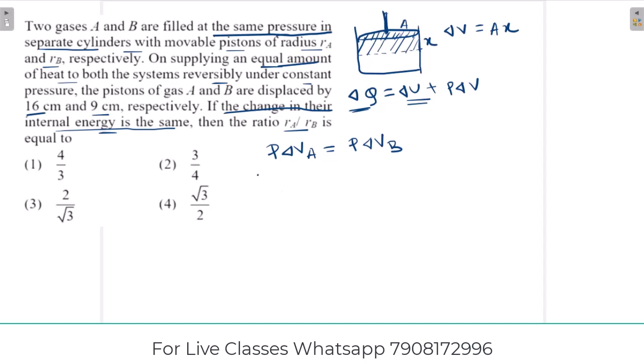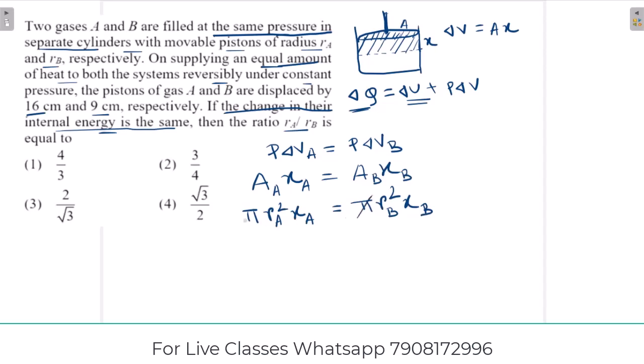That is, area of A into x A, the displacement, is equal to area of B into displacement x B. Now, area is pi r square, that is pi Ra square into x A is equal to pi Rb square into x B.